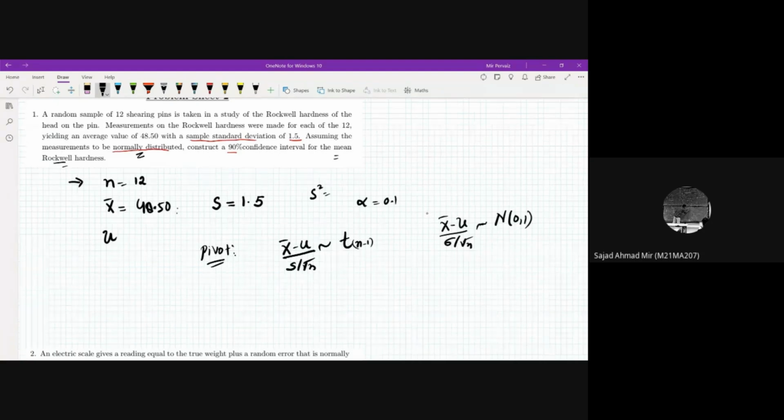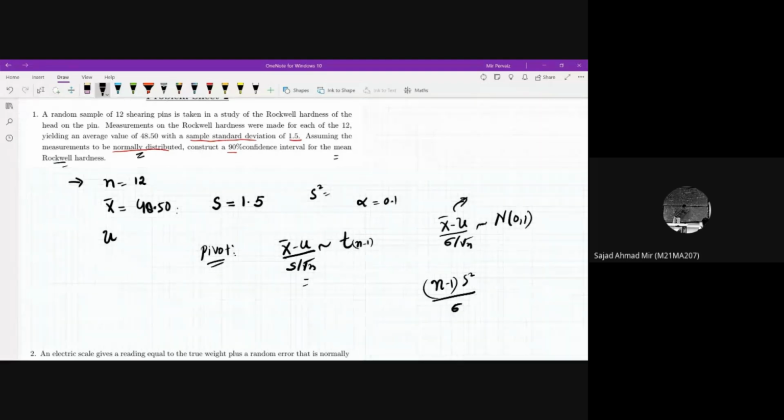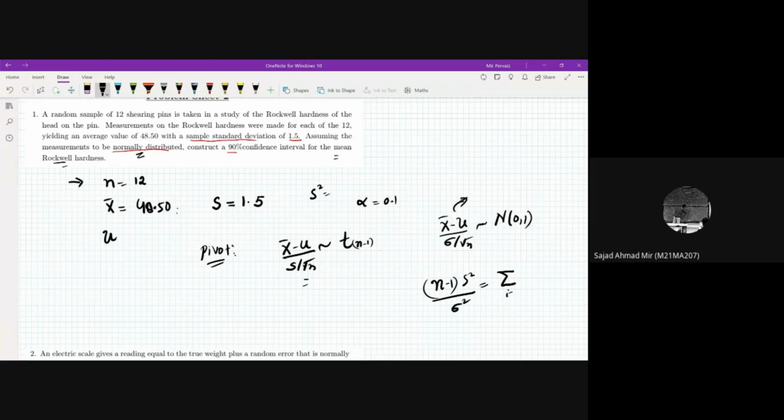So assuming that your xi's are normally distributed, this comes from the central limit theorem, and these are further constructed. You will also be using some other quantities in other questions: n minus 1 times s square divided by sigma square, which we can write as the summation over i from 1 to n of xi minus x bar, whole square, over sigma square.